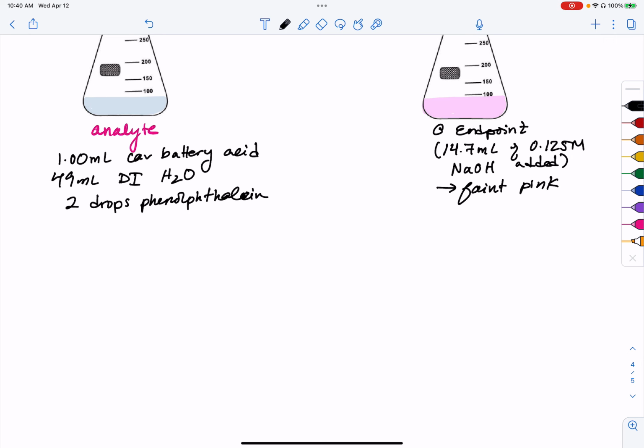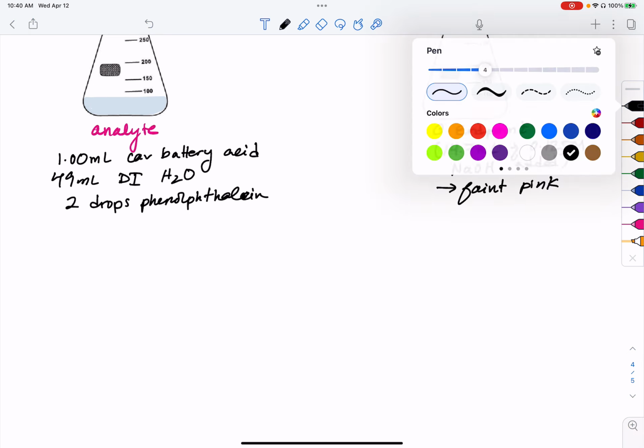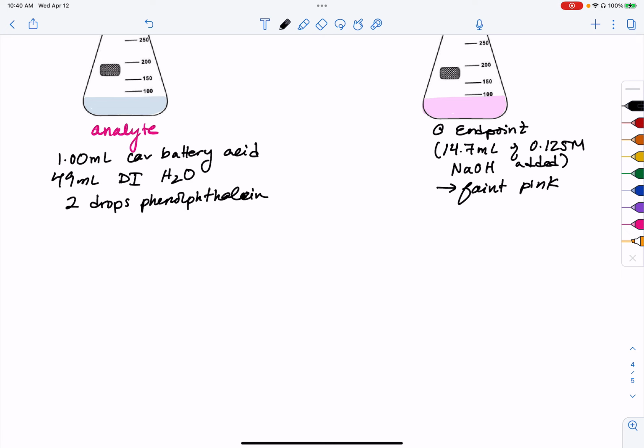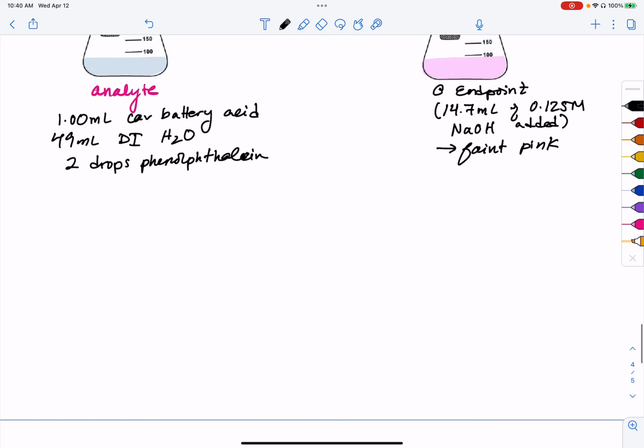So let's look at what's going on at equivalence. In other words, let's look at our neutralization reaction. So I'm looking at the reaction of H2SO4 with the sodium hydroxide that I'm adding. Neutralizations always form HOH, so I can think about my double displacement.